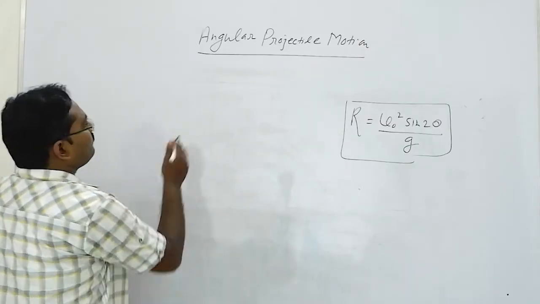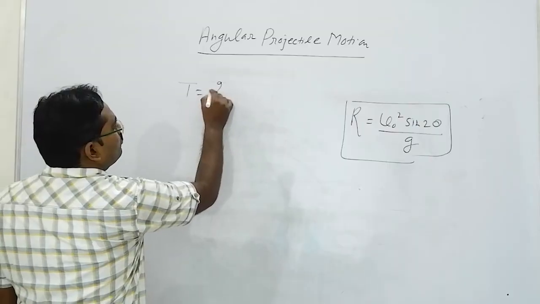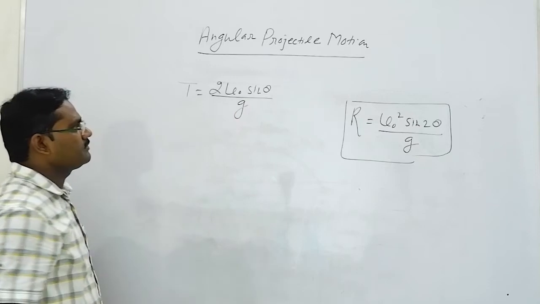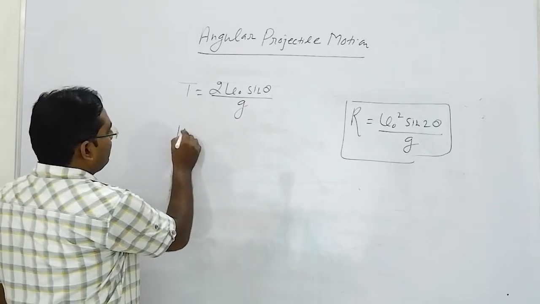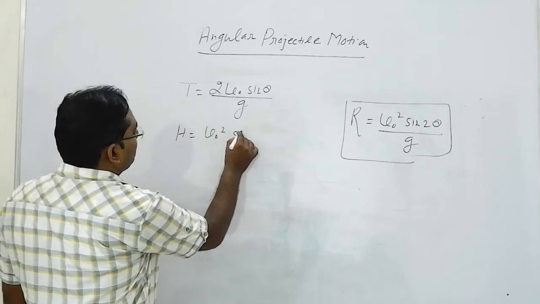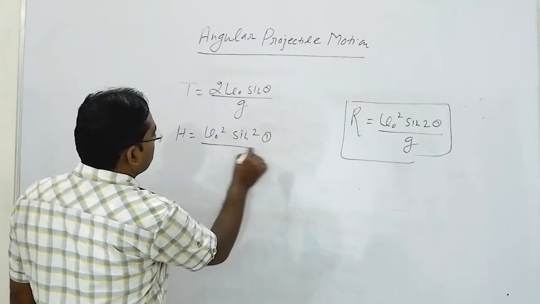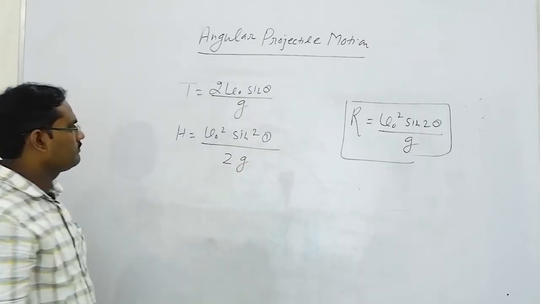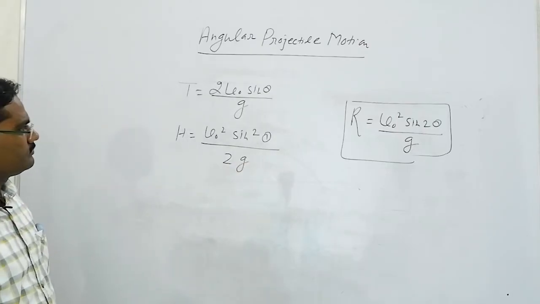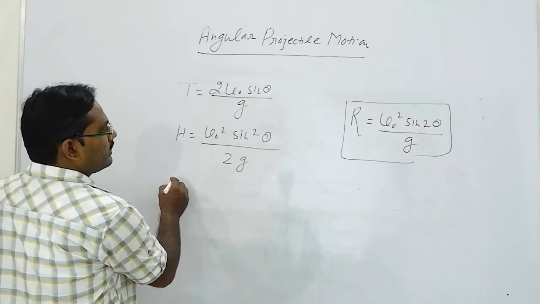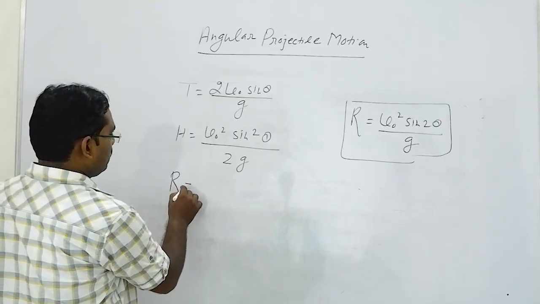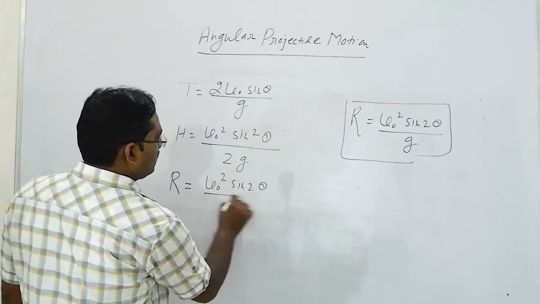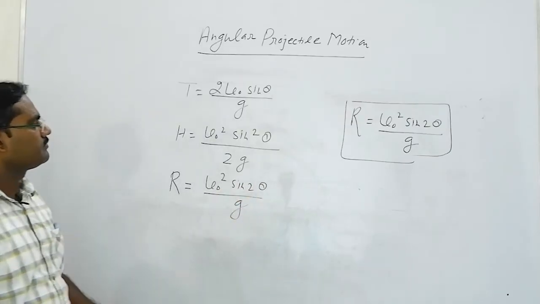In this analysis we found flight time is equal to 2 v naught sin theta divided by g, and H is equal to v naught square sin square theta divided by 2g, and here R is equal to v naught square sin 2 theta divided by g.